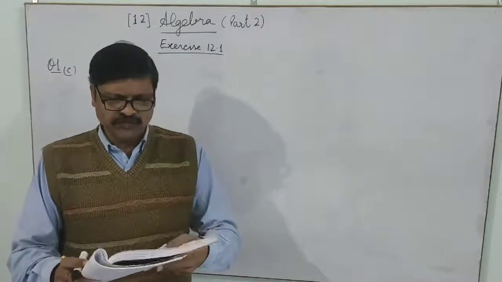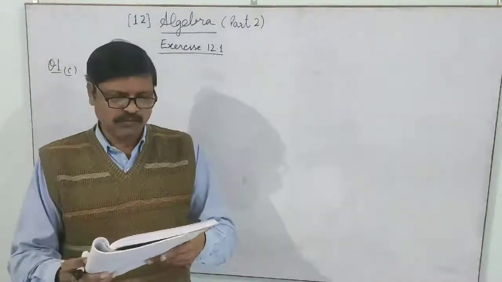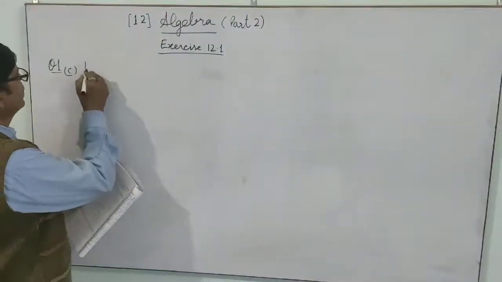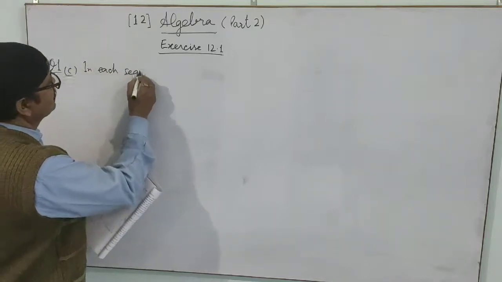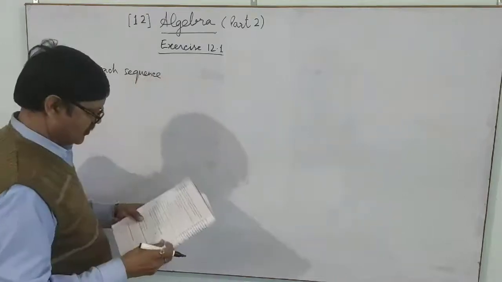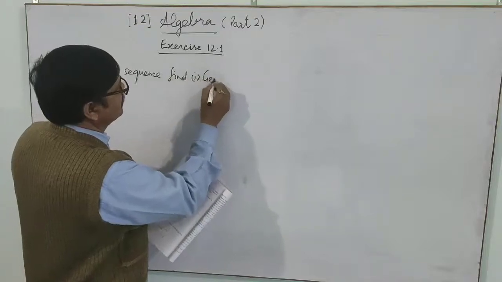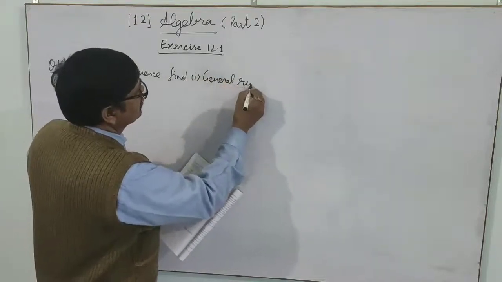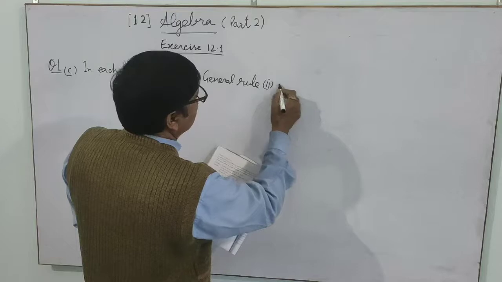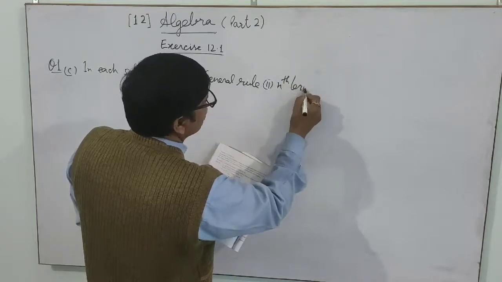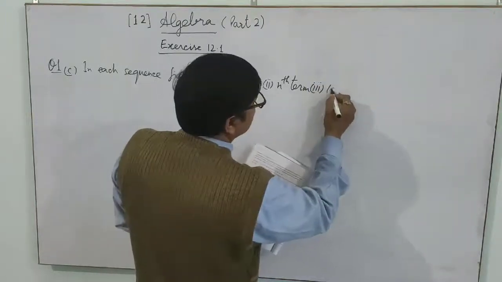The question: in each sequence find the general rule, nth term and 100th term. In each sequence find first part, general rule; second part, nth term; third part, 100th term.